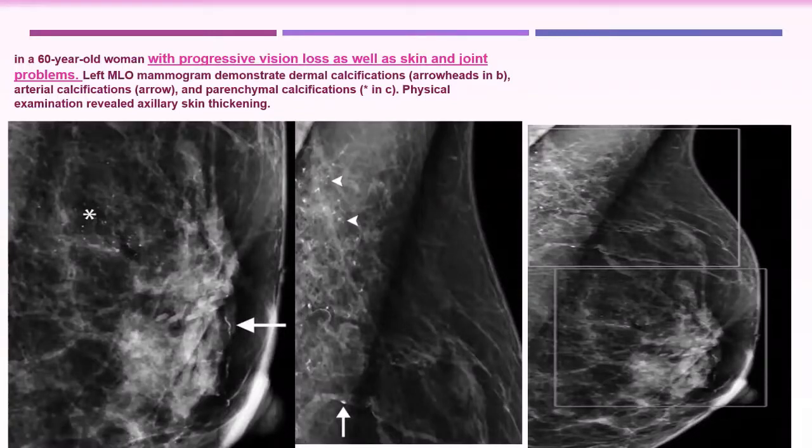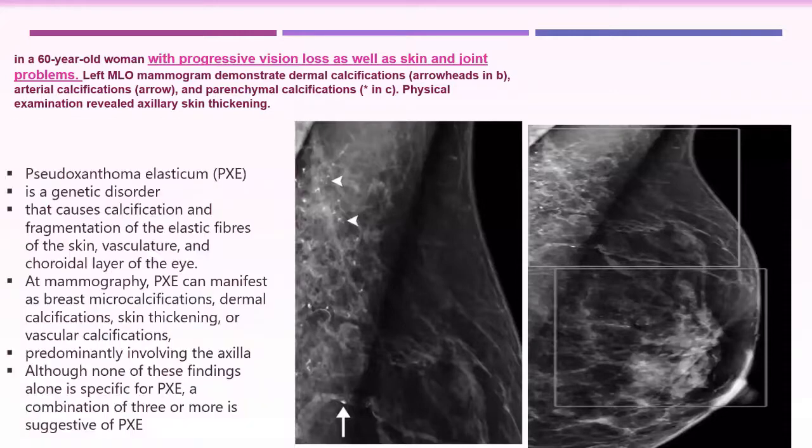You have a combination of dermal abnormality and a condition they call pseudoxanthoma elasticum. Pseudoxanthoma elasticum is a genetic disorder. You can reach this diagnosis by the combination of factors. It involves the collagen or elastic fibers of the skin, vessels, and the choroid of the eye.